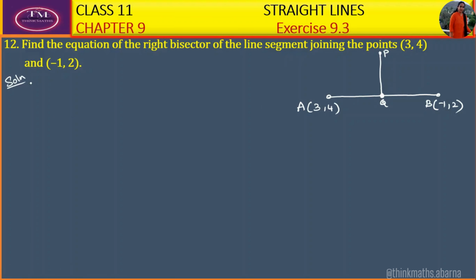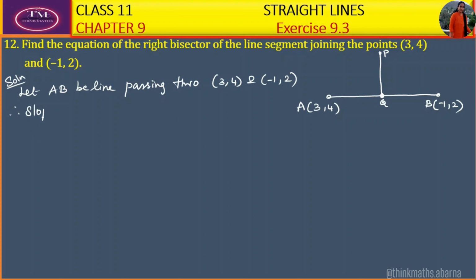Yes. So let AB be the line passing through 3, 4 and minus 1, 2. So therefore, slope of AB.